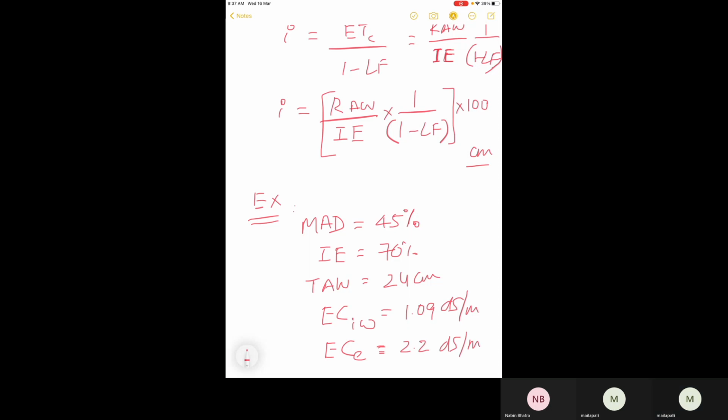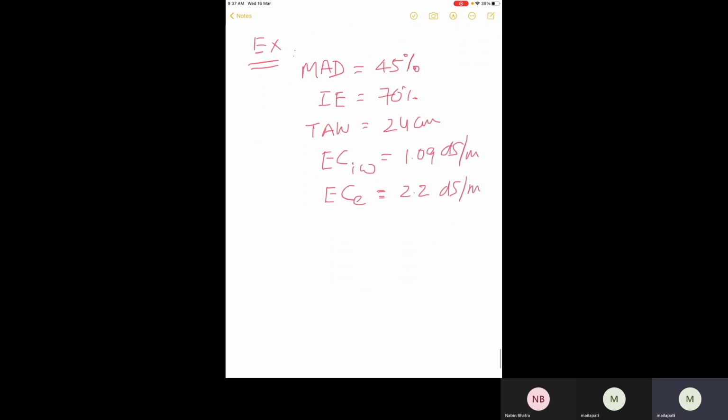So then, in order to manage the salts, what would be the inflow? That's the I, the irrigation depth you need to consider to maintain the salts. So that's the question here. What is I? I mean capital I here, not small i.